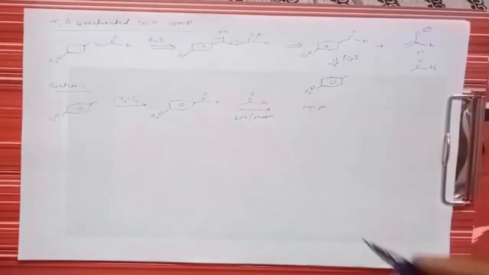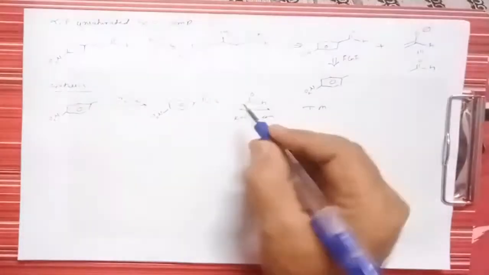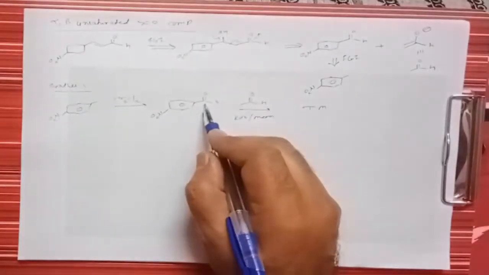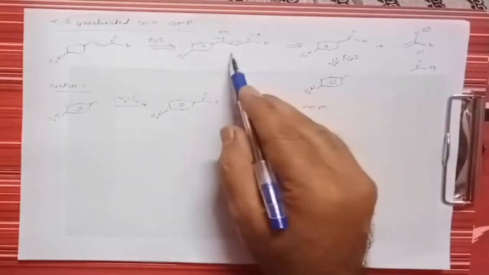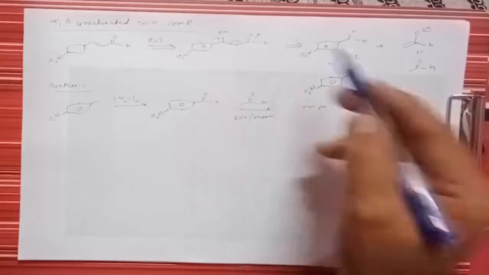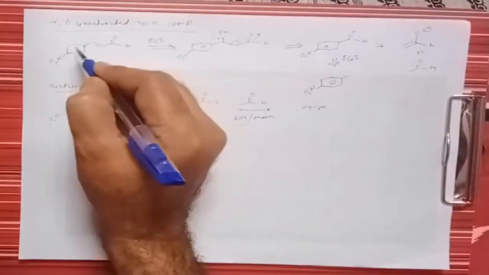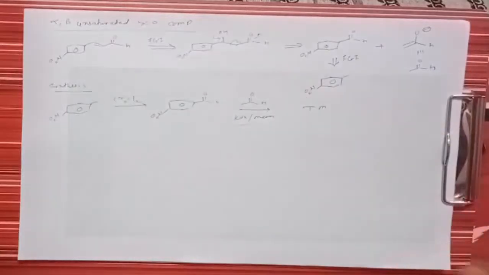Because here, if you treat this with base, the base will take a proton from this aldehyde, it will react with this carbonyl compound, and it gives a beta hydroxy carbonyl compound, but the reaction will not stop at this beta hydroxy carbonyl compound. The base will eliminate a water molecule and it gives formation of the target molecule. So this is a very simple method.